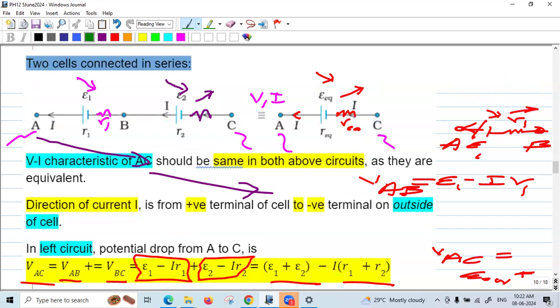So we get the important result that when two cells are in series, I can represent them by an equivalent cell whose EMF is E1 plus E2 and the equivalent internal resistance R1 plus R2. Like we have two resistors in series, its equivalent resistance is R1 plus R2. That is what we studied in 10th standard. Similarly, here for the cells, in addition to the internal resistance getting added up, we also add up the EMFs of the cells.